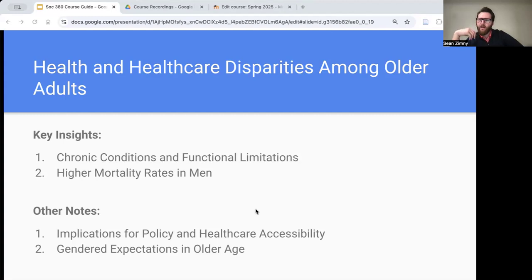So really think about how societal expectations of women as caregivers and men as self-reliant individuals might shape health behaviors and healthcare usage in older adulthood. How do those things evolve as we get older, as empty nesters, right? Even though, as you looked at the caregiver model, what is that? What does that look like in retirement and in your 60s, your 70s, your 80s, your 90s?